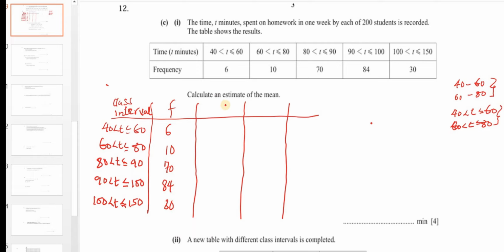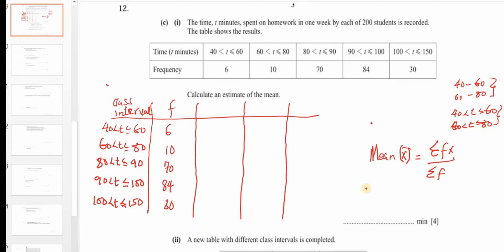All right. Then the mean formula, which is x bar equals the summation of fx over the summation of f.